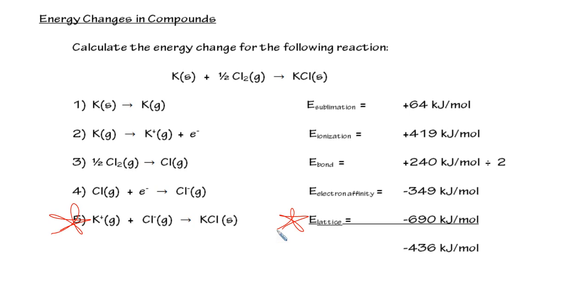Now, in the last video, we also mentioned that this isn't necessarily what I would think about doing if I were to form sodium chloride in the lab. In the lab, I would think about taking solid potassium in its elemental state. Potassium is a solid. Chlorine is a gas. It's a diatomic gas.